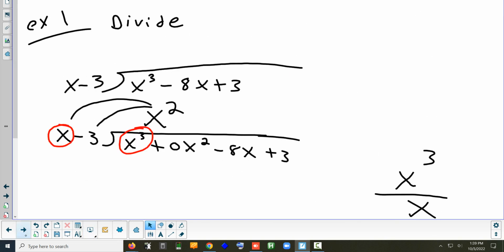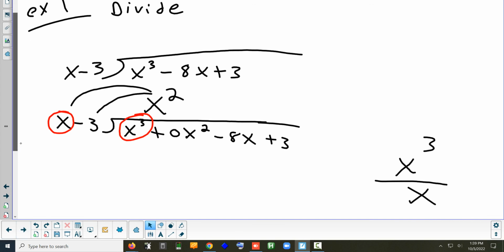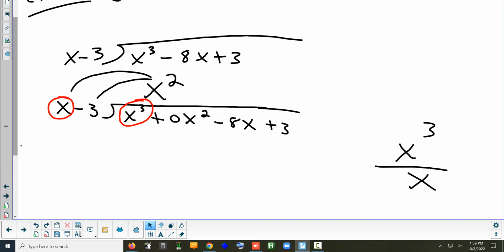Okay, so let's multiply this out. Keanu, what's x squared times x? Yep, x cubed. Okay, so there's the first part. Austin, what's x squared times negative 3?